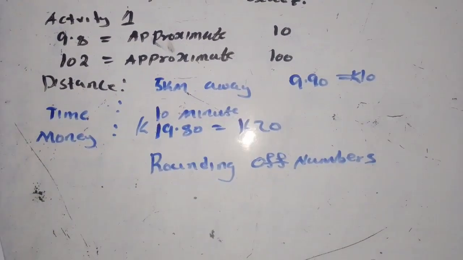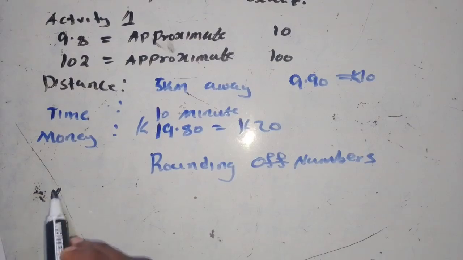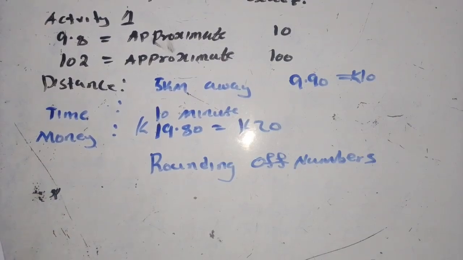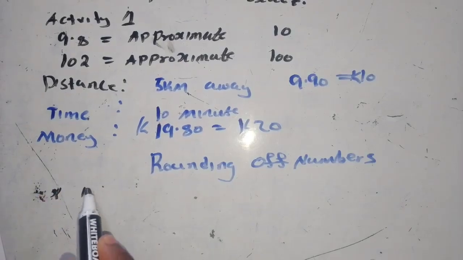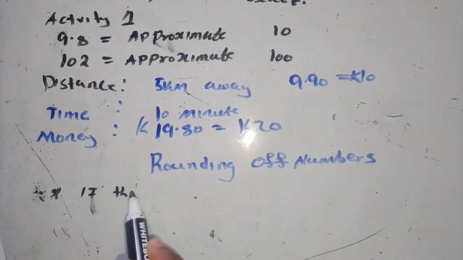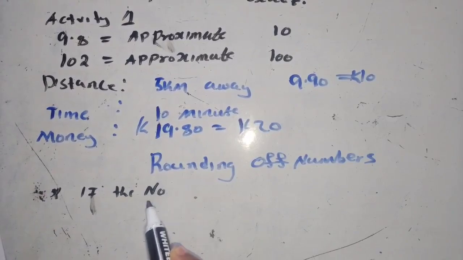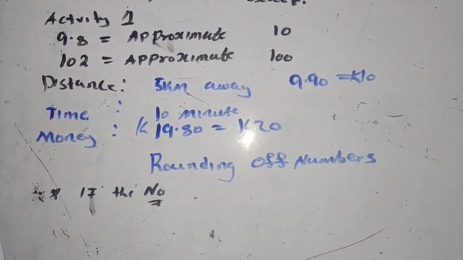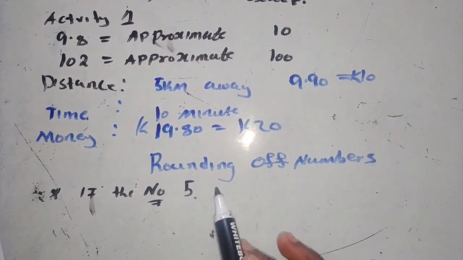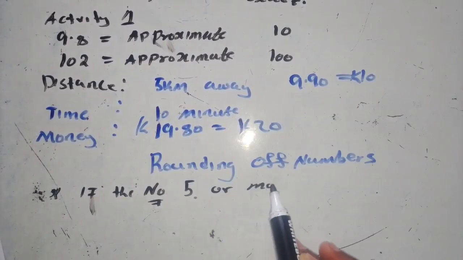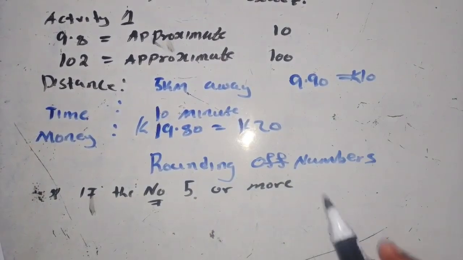So the first one says that if the number is 5 or more, round it up.